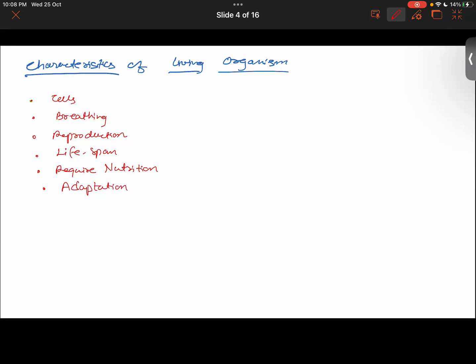Adaptation. That is one of the important characteristics of any living organism, right? And adaptation does not happen in a day or two.